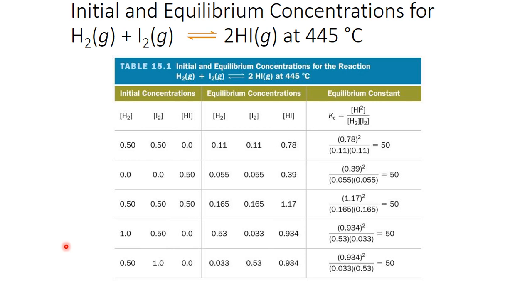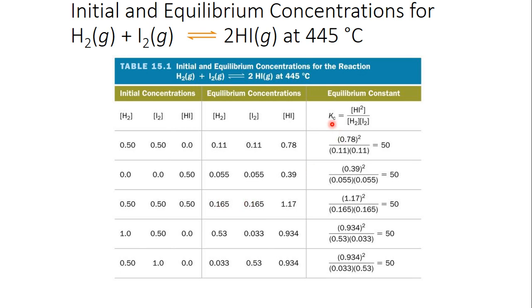And we can look at that in this example. So we have the equation H2 plus I2 goes to 2HI, and we're going to say this is at 445 degrees centigrade. In each one of these rows, we start with a different amount of H2, I2, and HI. And we also end with a different equilibrium concentration of each of these products and reactants.